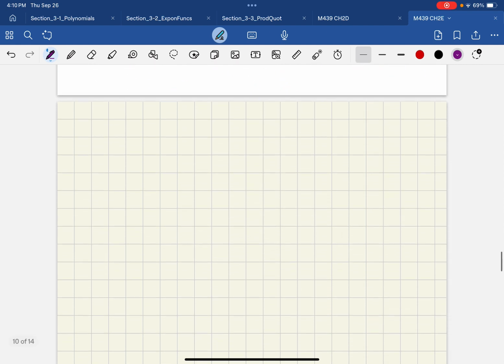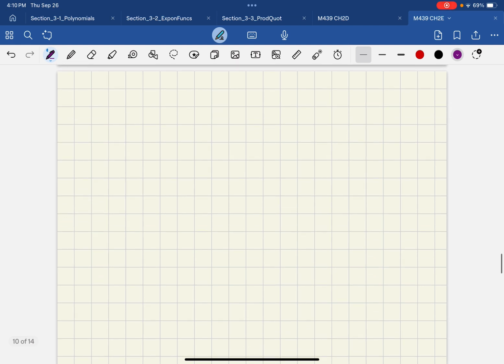So here we go. Let's think about what we have. So we have a triangle. Let's try to sketch this well.